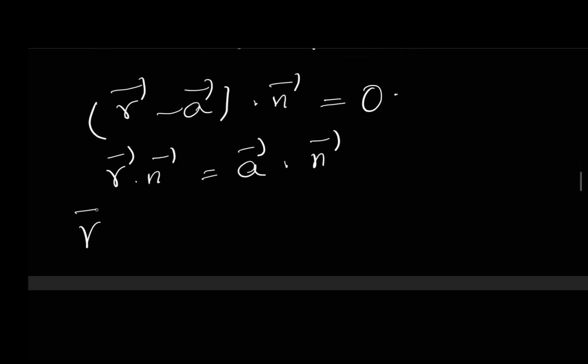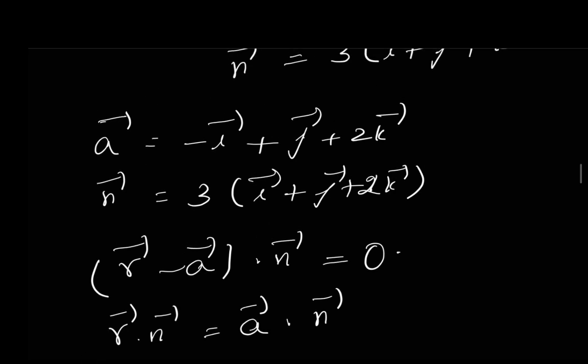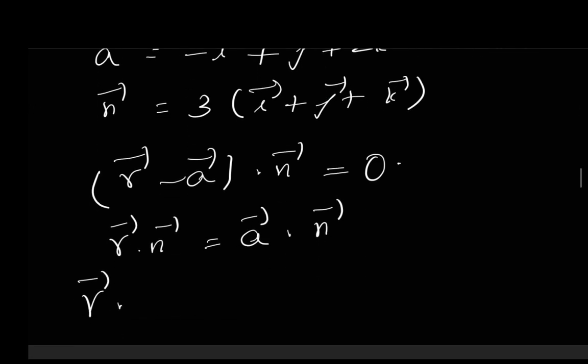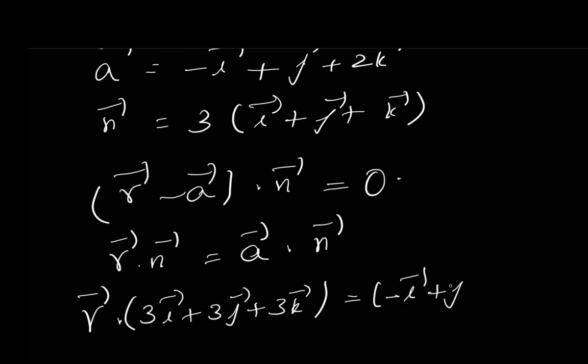I replace the normal vector with 3i plus 3j plus 3k. So vector r dot (3i plus 3j plus 3k) is equal to (minus i plus j plus 2k) dot (3i plus 3j plus 3k).